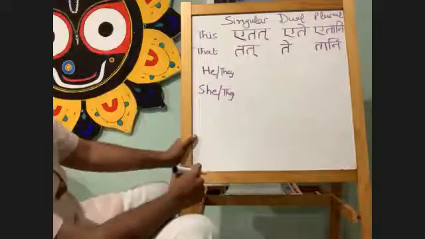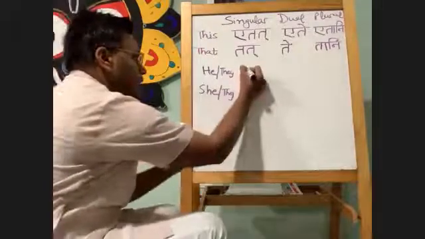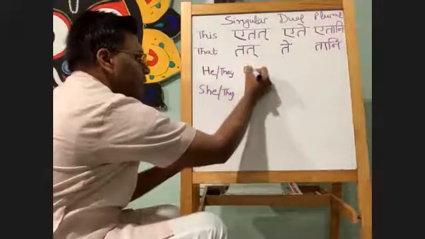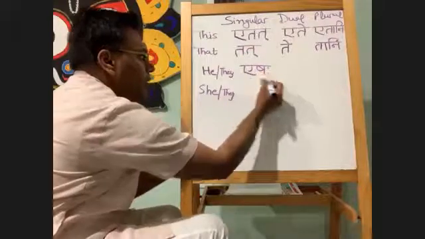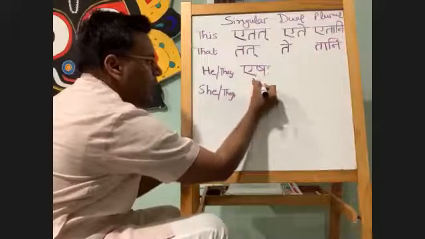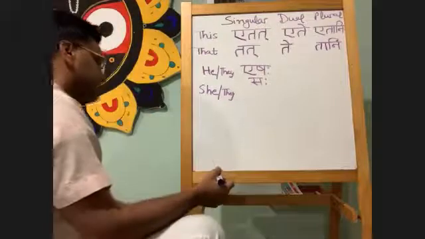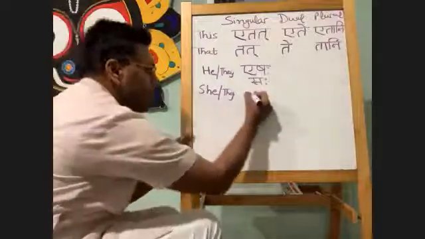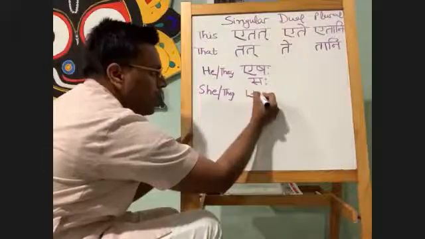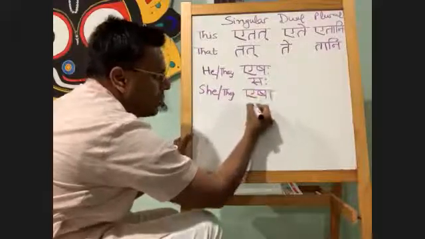So he is addressed as esha or saha. And she is addressed as esha or sa.